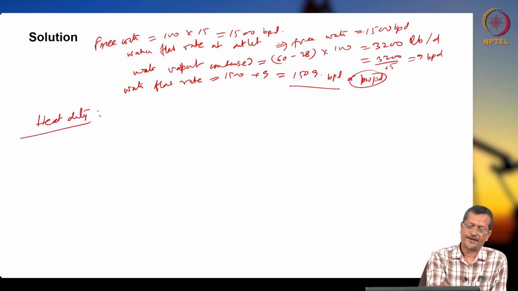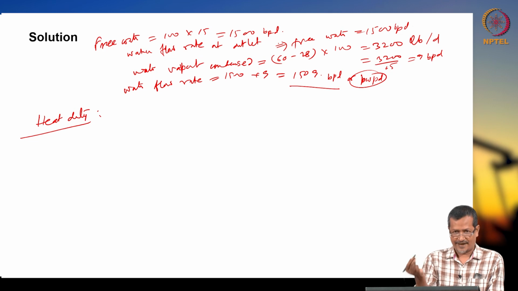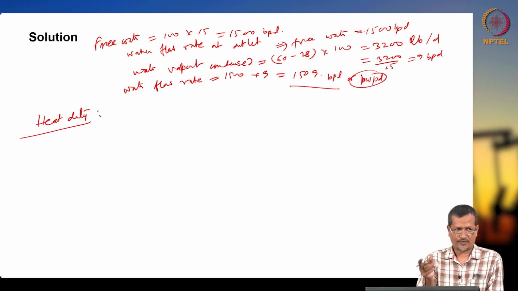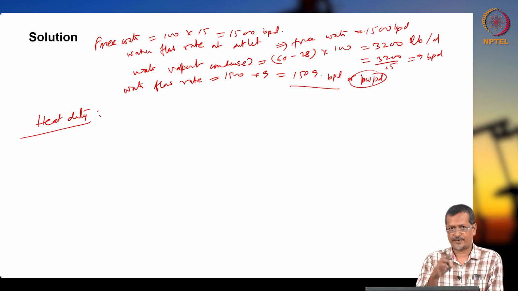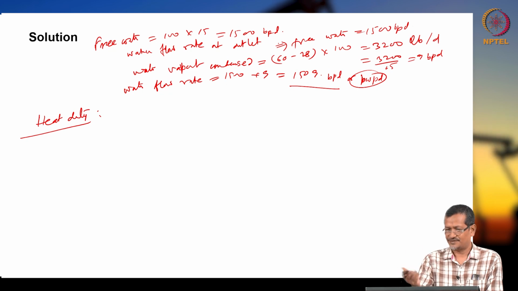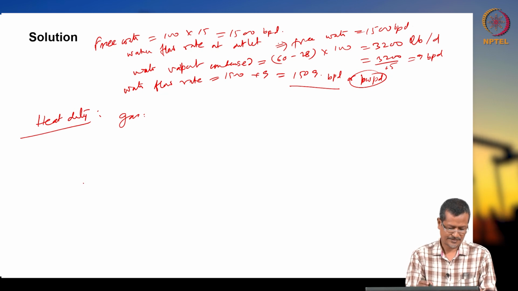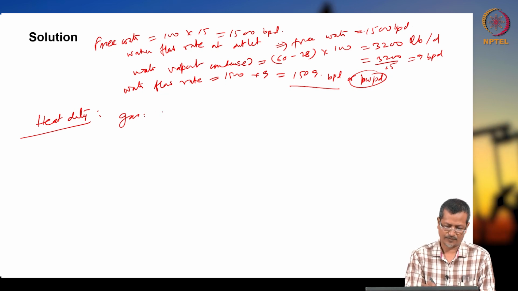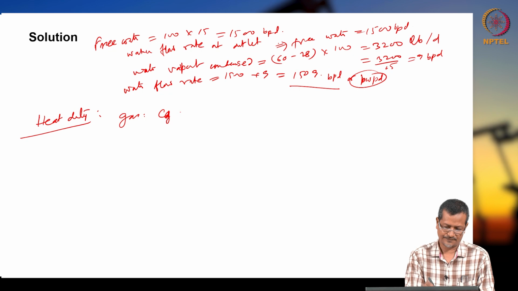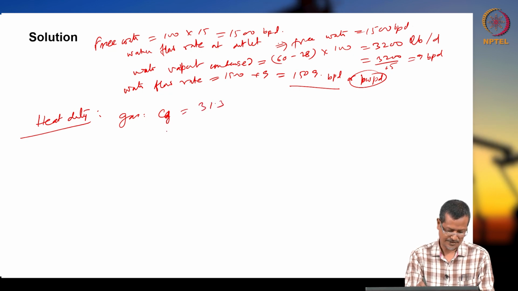When we are calculating heat duty, how much heat is required for gas, water vapor to liquid, then temperature change. Okay. So, gas heat duty. For gas, Cg, I have given you in the problem, Cg 31.3.